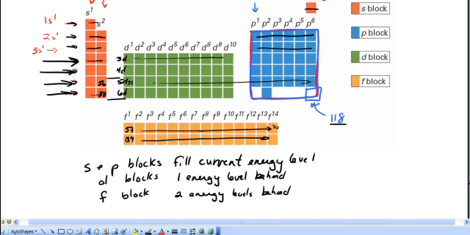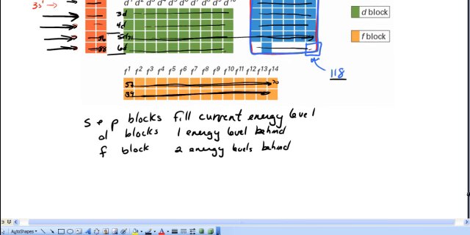This is 3d10, 4p6, 5s2, 4d10, 5p6, 6s2, jump down, 4f14, jump back up, 5d10, 6p6, 7s2, jump down, 5f14, you're one energy level behind, back up, 6d10, and then 7p6.